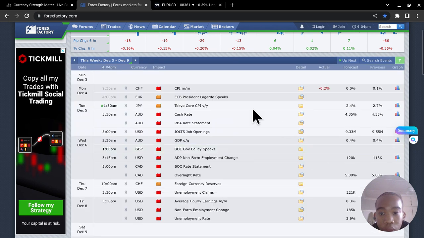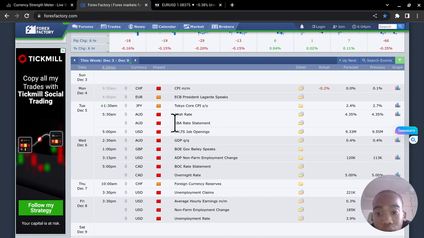Not worried about that. So, guys, another thing is today, the Swiss franc had CPI, not worried. Euro, I don't trade Monday, so this doesn't apply to me. Tokyo core CPI, so there's going to be the CPI tomorrow for GBP, JPY, all JPY pairs pretty much.